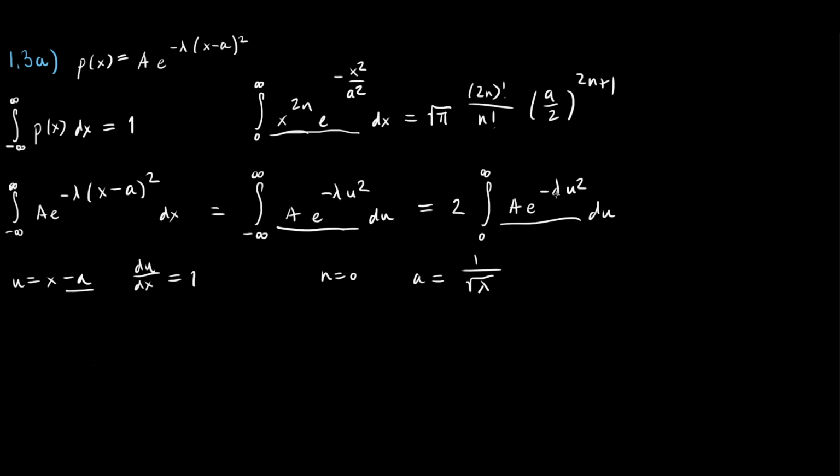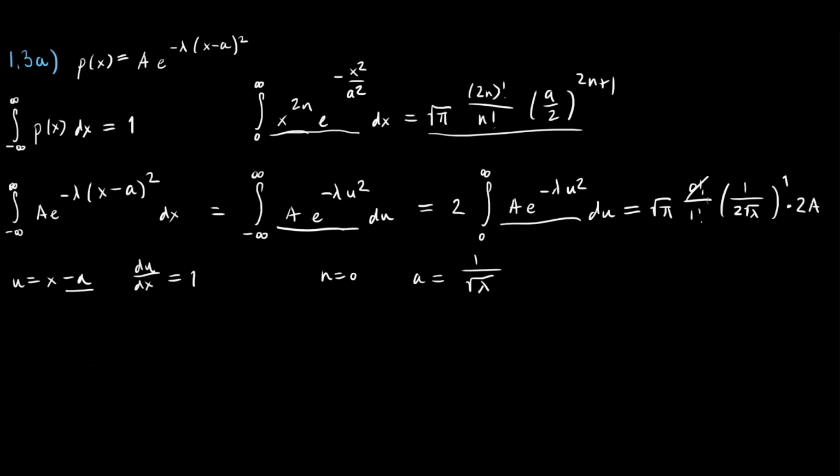Now we can just evaluate this based on this relationship, and what we get is the square root of pi times 0 factorial over 1 factorial, and then it'll be 1 over 2 lambda times the square root of lambda to the power of 1. But we also have to remember that there is still a 2 and then times a, so we have to multiply this by 2a as well.